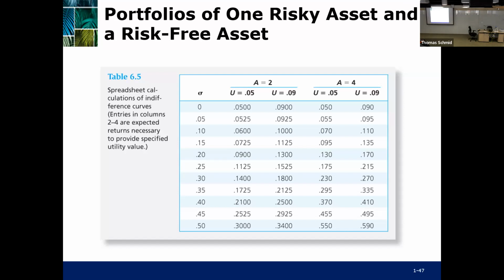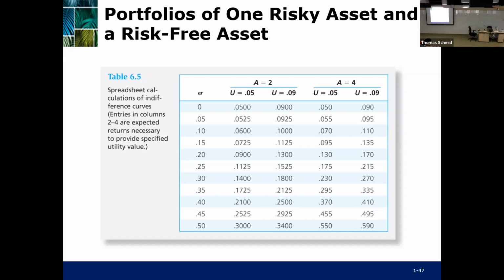So for example, for a given level of risk, let's say 0.2, the first investor requires an expected return of 9% to get a utility of 0.05.